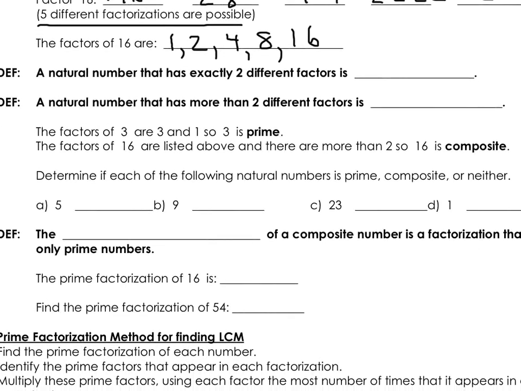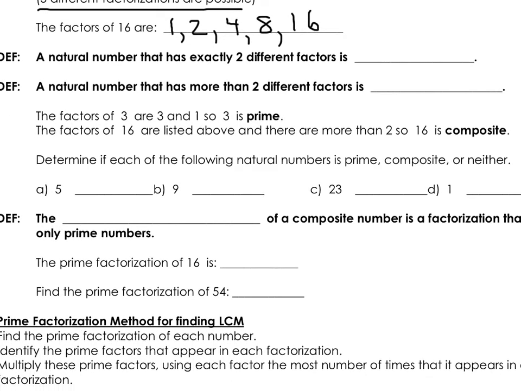A natural number that has exactly 2 different factors is prime. A natural number that has more than 2 different factors is composite.